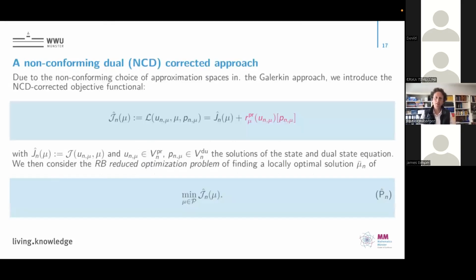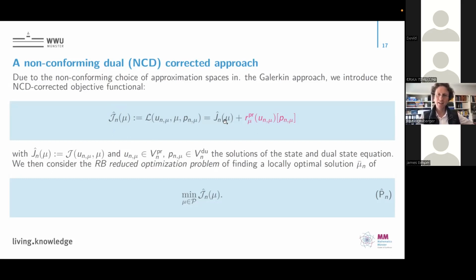So if it comes to the reduced objective functional, this is what we had before on the finite element level, and we now want to have the same construction on the level of the reduced basis method, which we denote here by J_N hat.